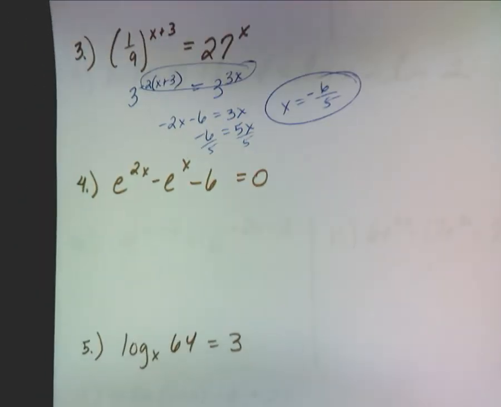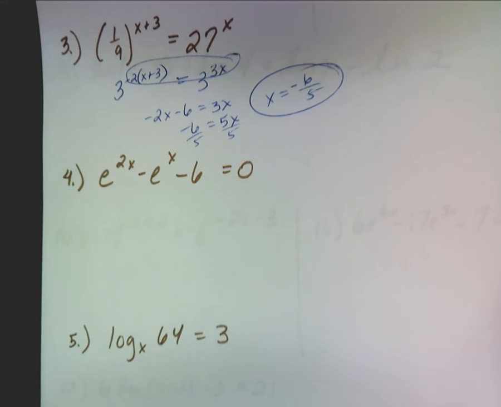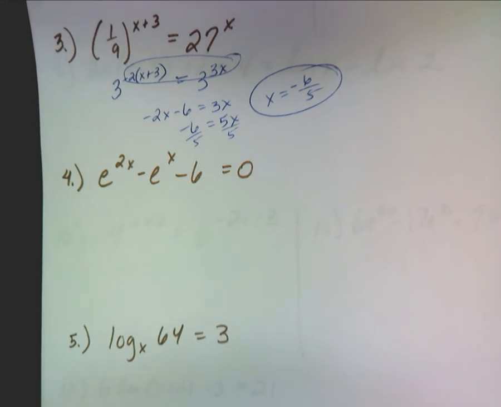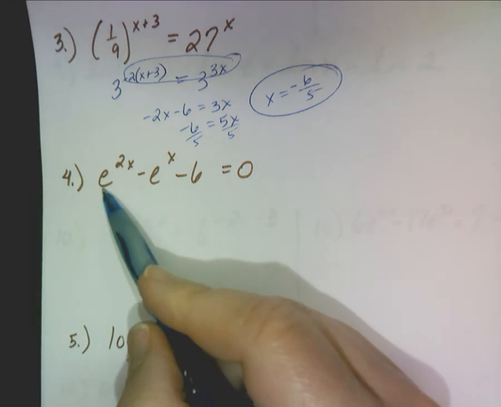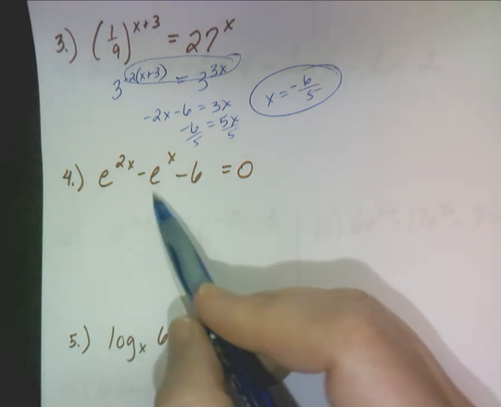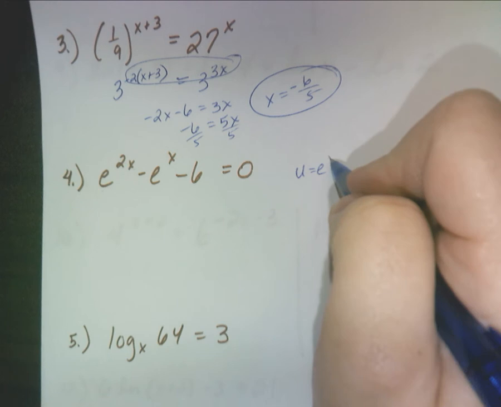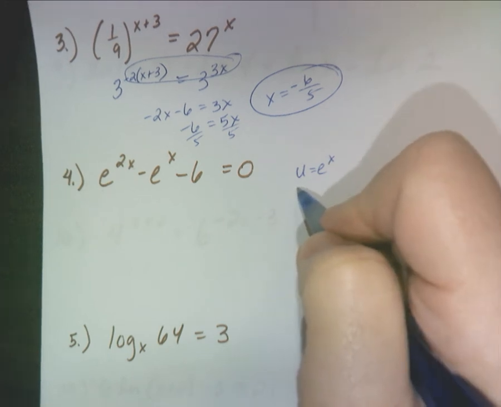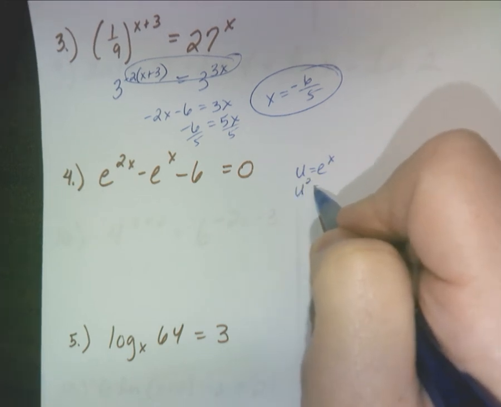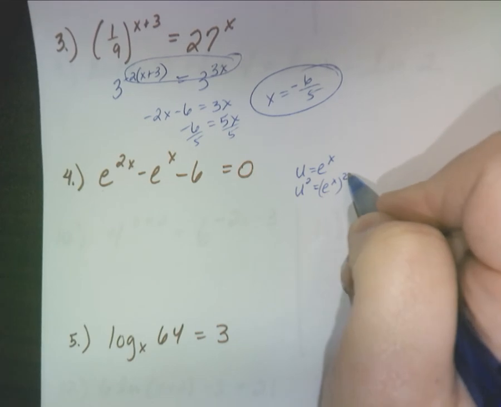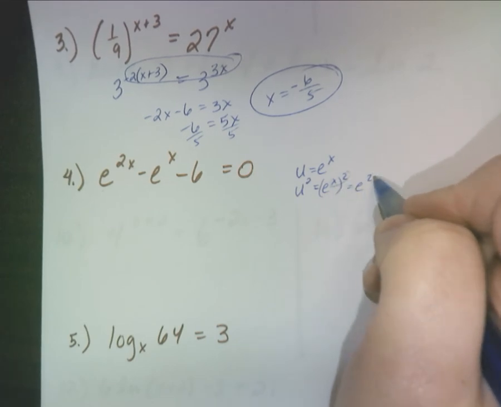All right, these E ones. This was something I went over with you. This should have been an easier one. So when I see e to the 2x and I see e to the x is my u, which means u squared would be e to the x squared or e to the 2x.